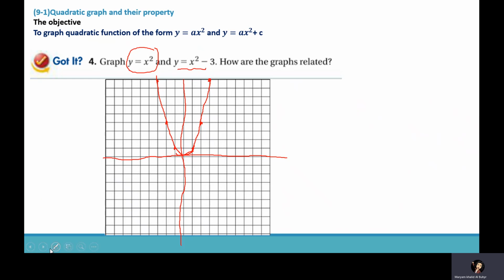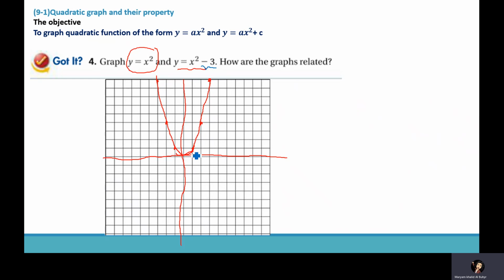I'm not wasting my time calculating other points or other things, no. Since this is -3, exactly the same function that I have, and there is a change outside this x, that means I will take this graph and move it down 3 units. -3, move it 3 units down.